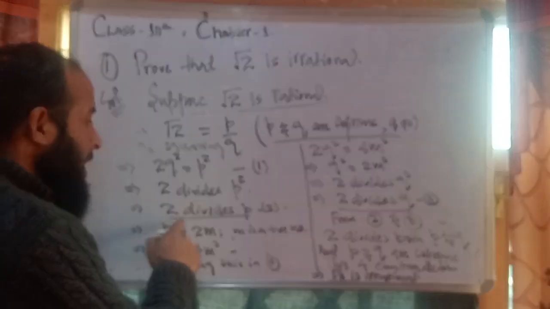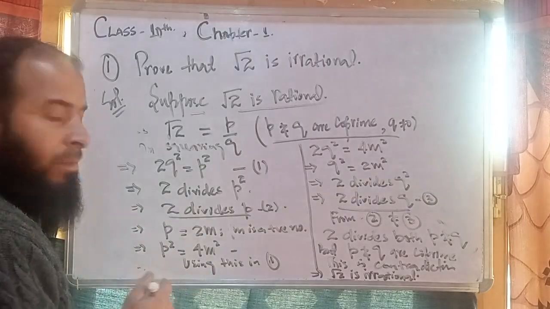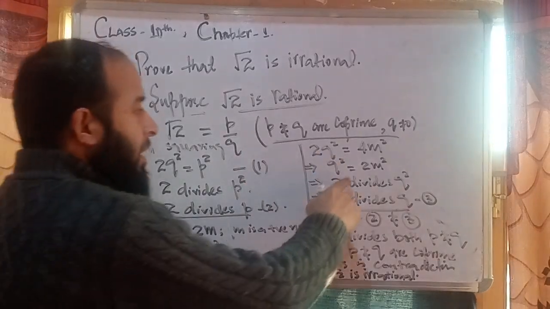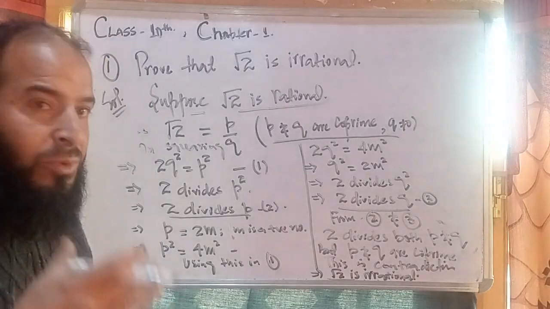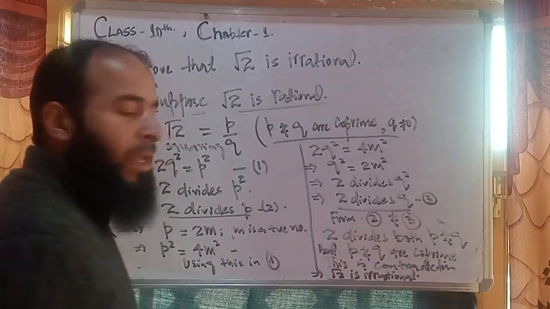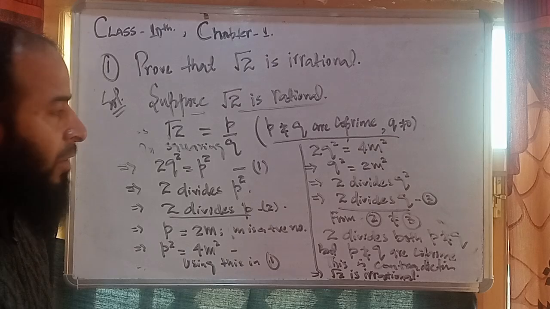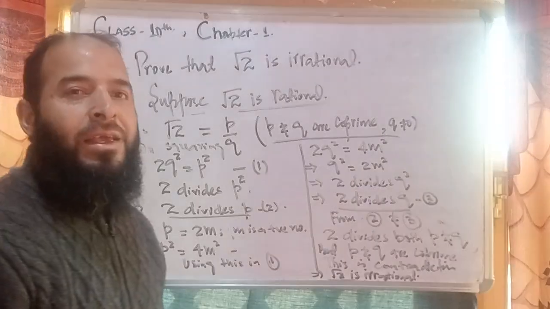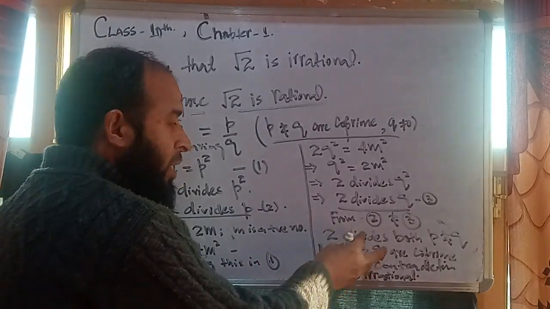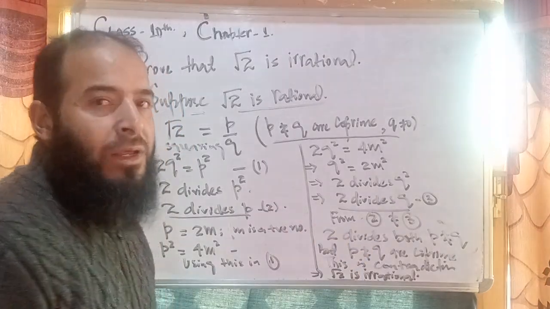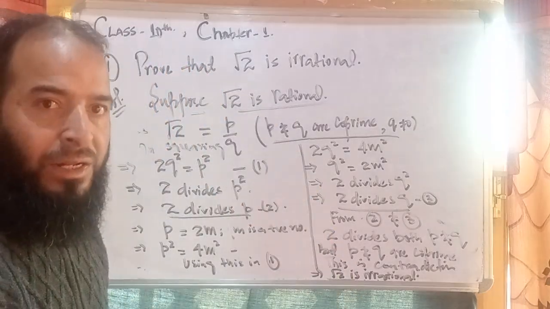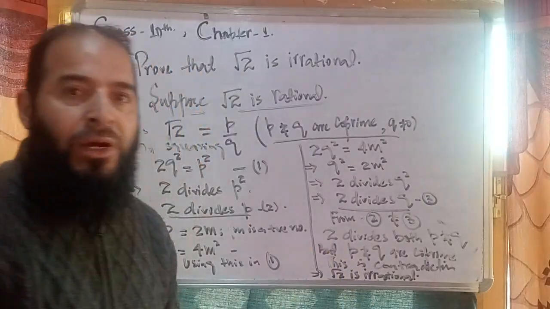So 2 divides p square, and it divides p also; p is equal to 2m, so p square is equal to 4m square. If we use this in the first, we get that 2 divides q square also, so 2 divides q also. From the second and third, 2 divides both p and q, so p and q are not co-prime. This contradicts our assumption, it opposes our supposition that root 2 is rational. When root 2 is not rational, then it is irrational.